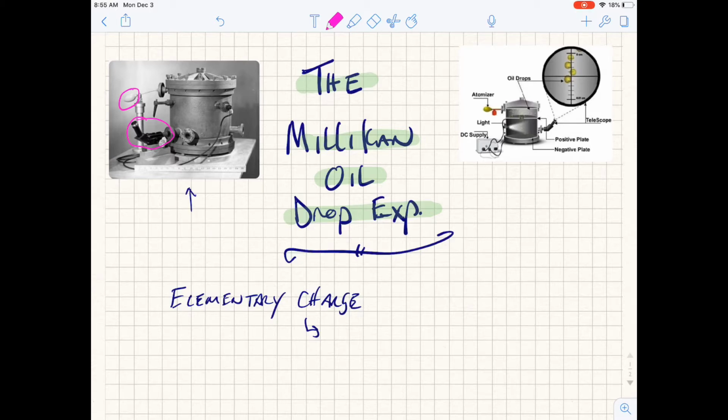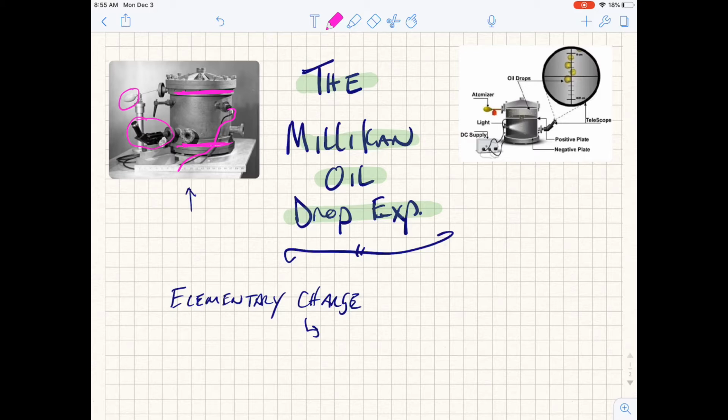And then we have this big tube, and this big tube you can see is connected to some kind of voltage. And at the top we have a plate, at the bottom we have another plate, and this microscope looks in to see what's going on.